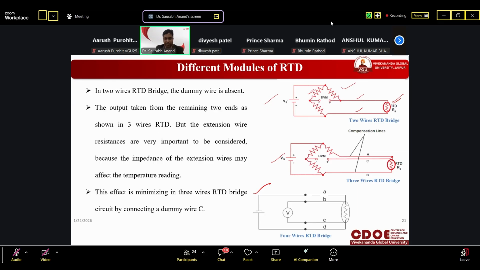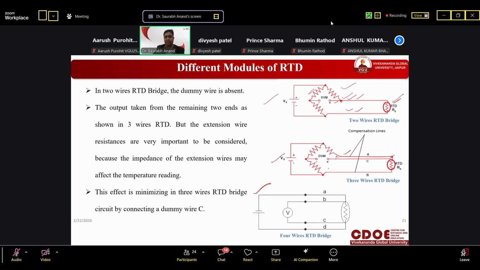In three wire, this is actually one. You can understand this is one wire. This is two, right? It is connected here, so it has become one actually. After that, in place of connecting here, we have extended this wire.